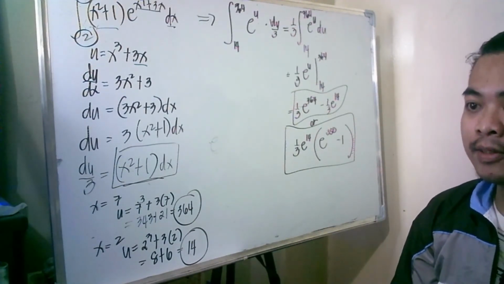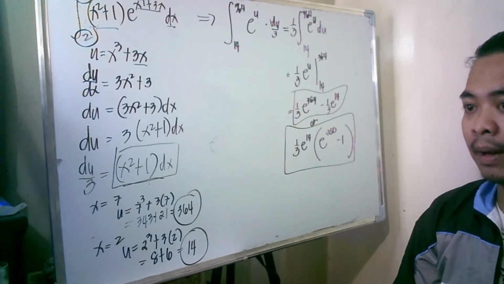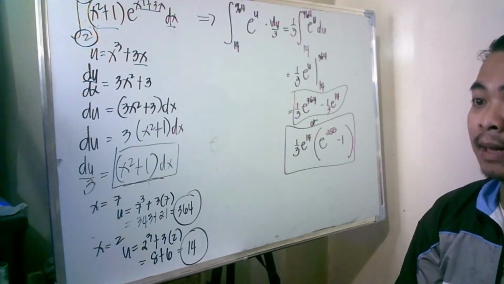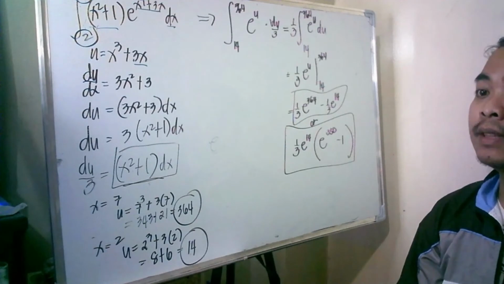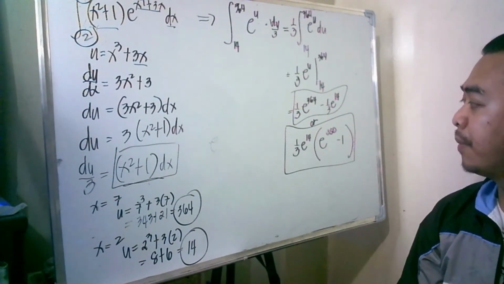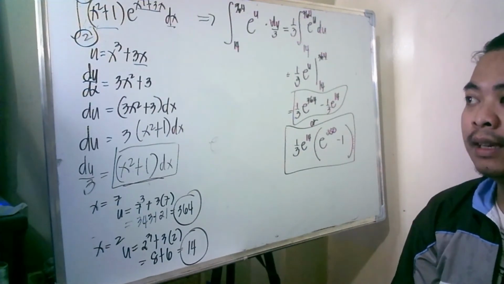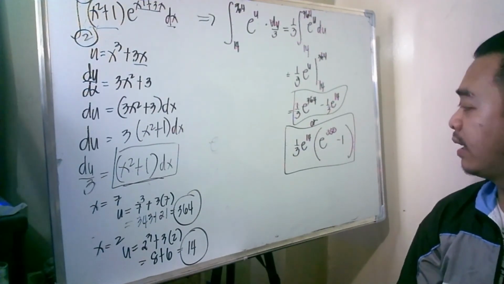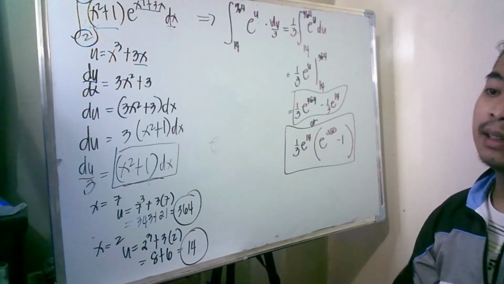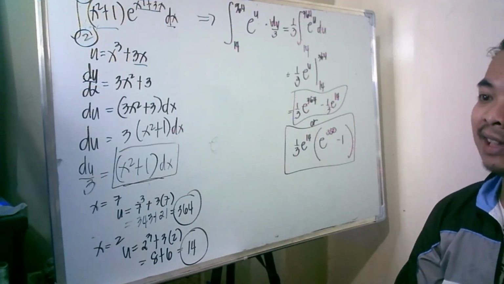Kasi ang e raised to 14, it's already a constant. Baka isipin nyo variable, no? E is a number approximately equal to 2.71, Euler's number. You do not have to give the decimal form kasi approximation lang yun, hindi siya exact answer.